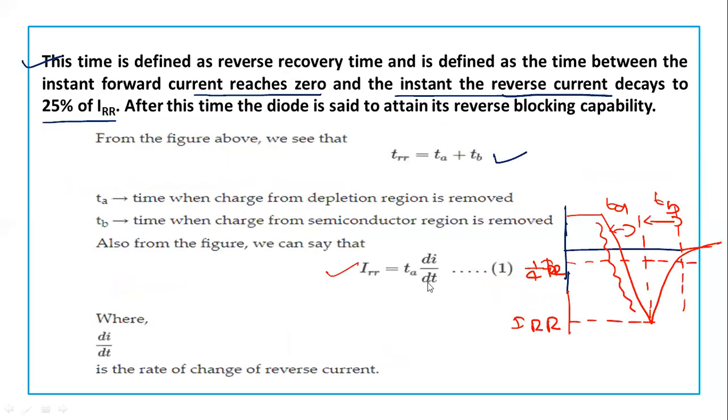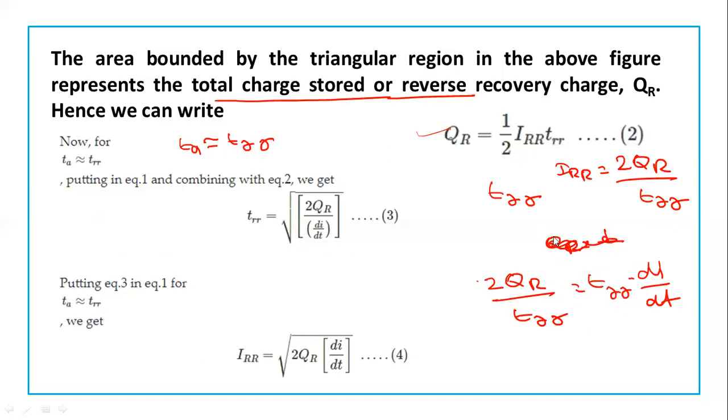From equation 1 and 2, we can write 2 QR by TRR is equal to TRR into di by dt. So from here you can write TRR is equal to root of 2 QR by di by dt. In the textbooks all these steps are not given, that's why I am taking time to derive. So TRR is equal to root of 2 QR by di by dt.